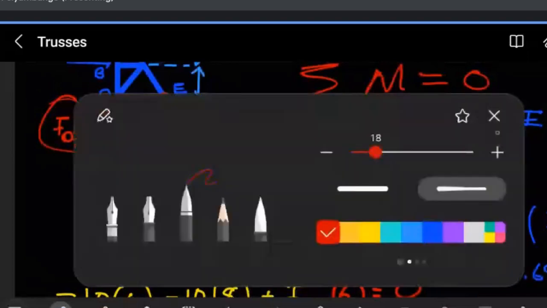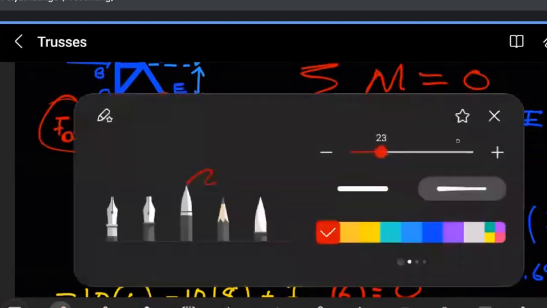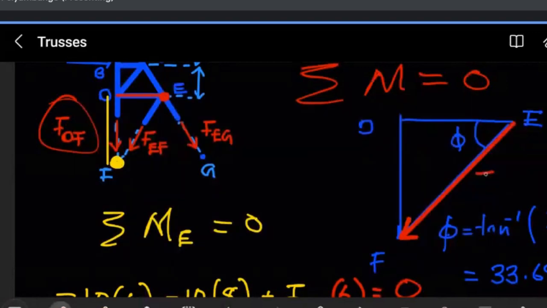So our force, remember, is acting in this direction. That is our force FEF. So in the first part, I was using the sides to get the angle there. So now I do not want to look at the side. Instead, I am bringing back the forces. So using the forces now, I am saying that this red line is my FEF.